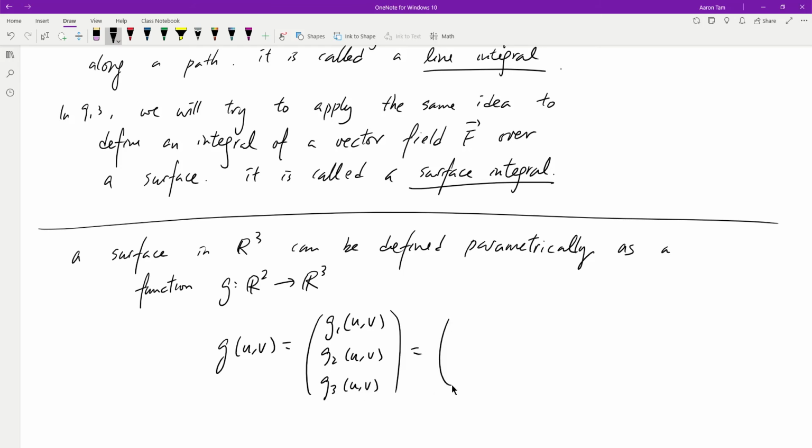You can think of g1, g2, and g3 as x, y, z, over some region in the uv plane. That would be the domain.